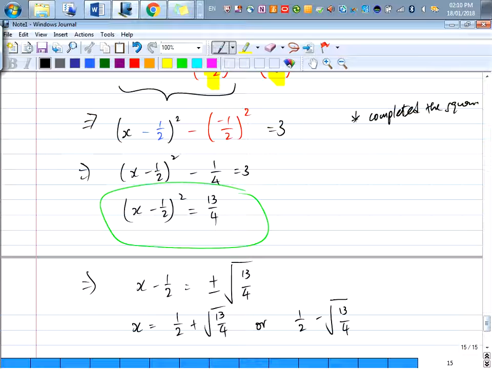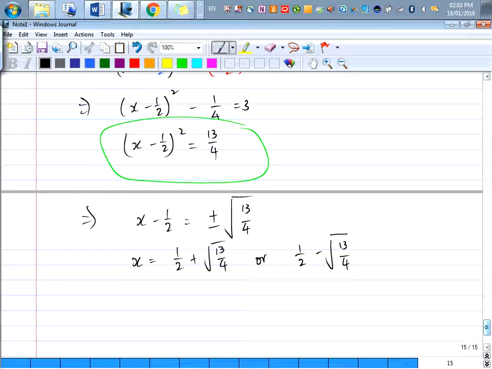Two answers. Now in Emaths, do we deal with surds in Emaths? Surds, remember surds? We don't leave our answers with square root and all these kind of things. In Emaths, we round off our answers to 3SF. Okay? These are irrational numbers. So get an answer, then you round it off.